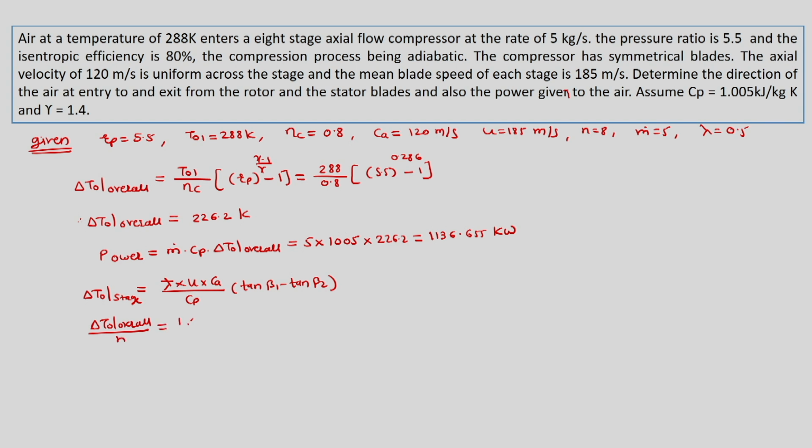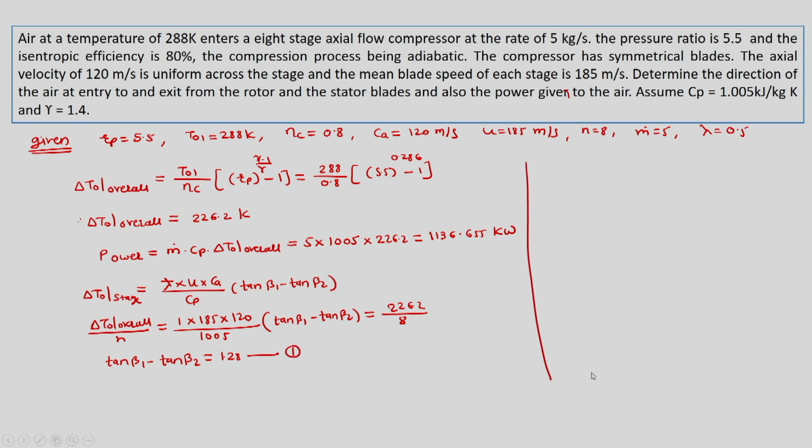Work done factor is 1, U is 185, Ca is 120 divided by 1005 into tan of beta 1 minus tan of beta 2, but we know overall is 226.2 divided by number of stages is 8. So we get tan of beta 1 minus tan of beta 2 is equal to 1.28. We will number this equation as equation number 1.